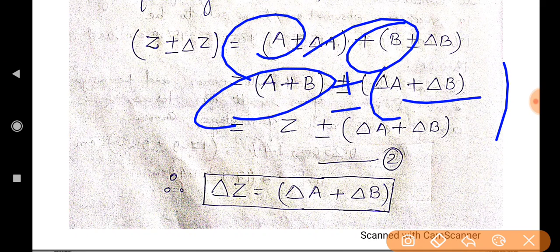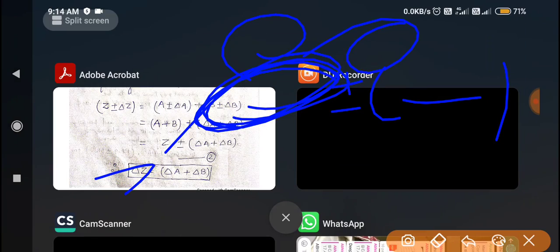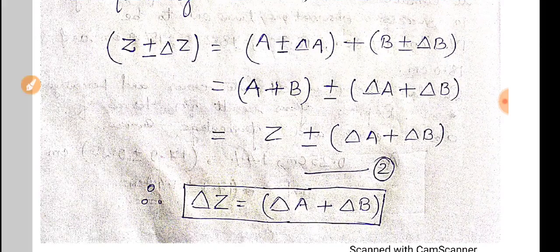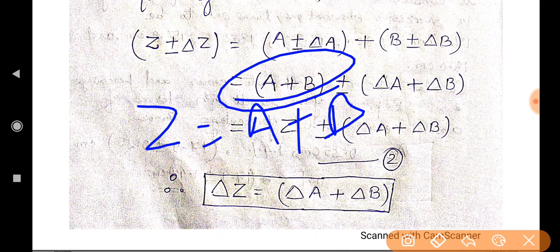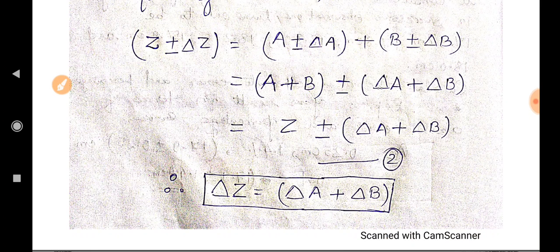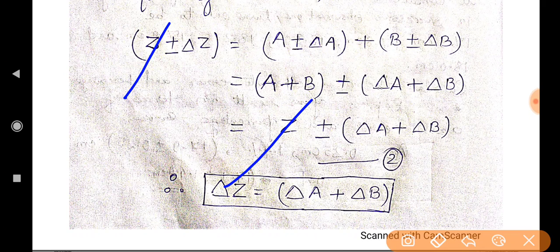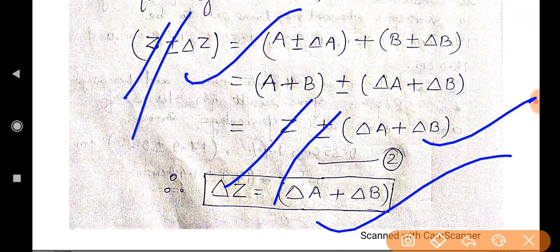Since we have z equals a plus b, in place of a plus b you can put z. So our result becomes: if you compare, z cancels out, plus minus cancels out, so delta z equals delta a plus delta b.